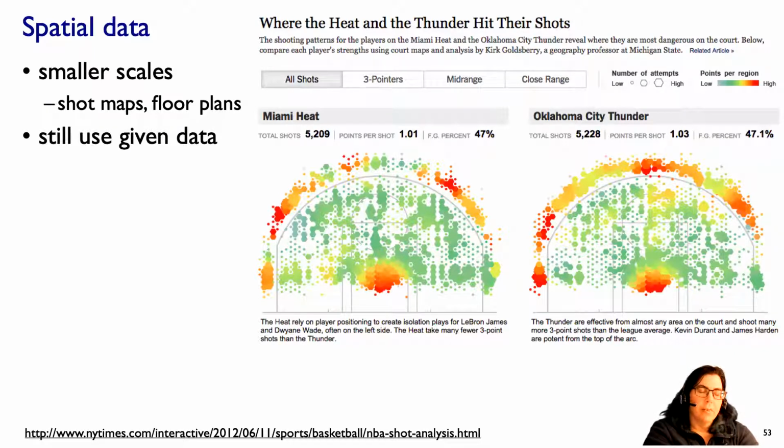So a lot of the same issues do hold here, where you still have this question of there's data that you're given that intrinsically has spatial structure, and then do you want to use that as the basis of what you draw in your visual encoding? And there are many cases where that actually makes sense because spatial regions matter. Like to understand the shot structure of basketball, it's crucial to know where these shots are taken with respect to the basket and these lines that determine the point counts.